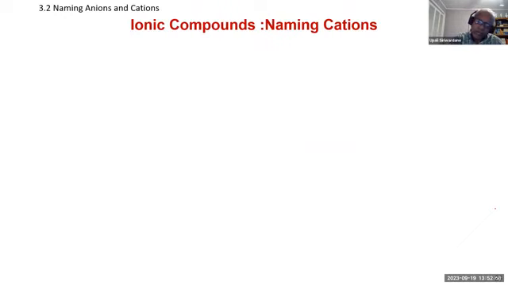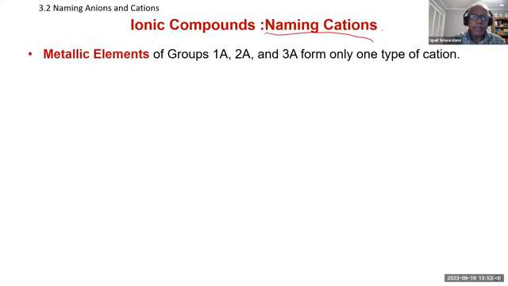Now I'm going to look into naming cations. We talked about that, and we will go through this. Metallic elements are mostly found in groups 1A, 2A, 3A.